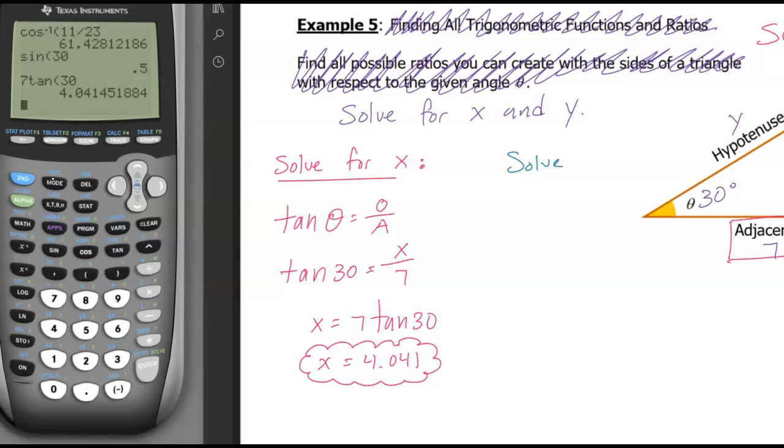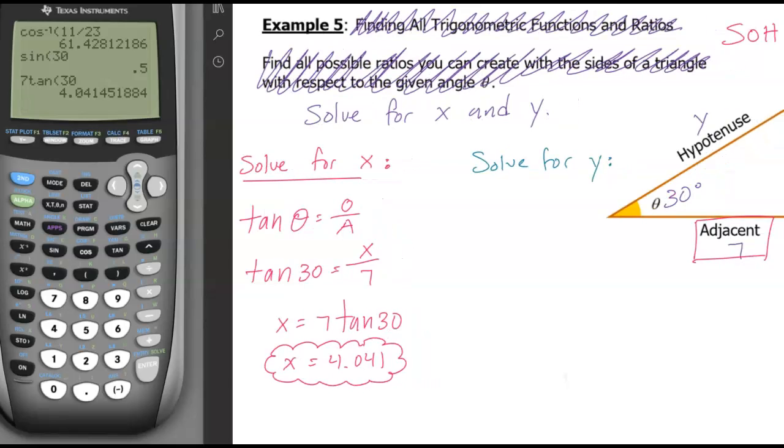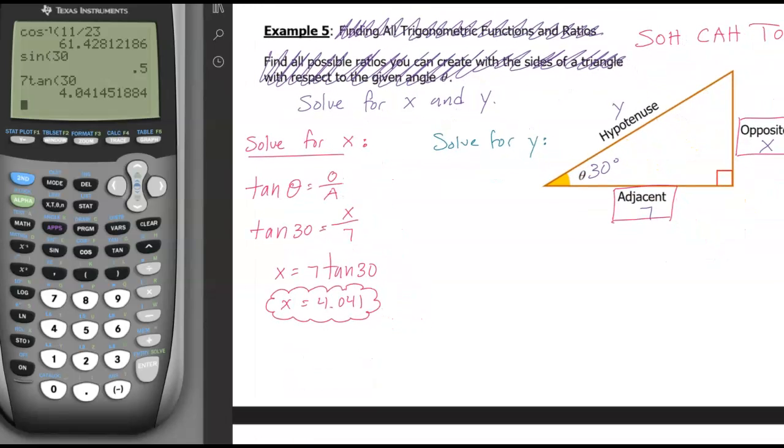We're also going to have to solve for y. Now, which trig function do you think we should use if we're solving for y this time? Cosine, A over H. Cosine of theta is A over H. Our theta here is 30. Our adjacent side is 7, and our hypotenuse is the y. How do we get the y by itself? Just do 7 times cosine 30?